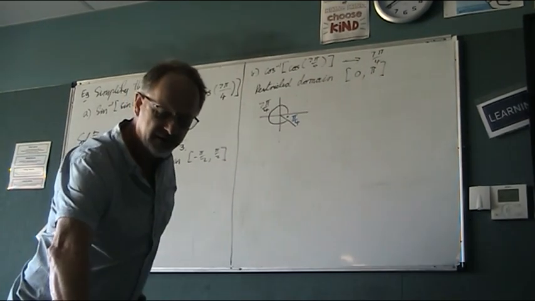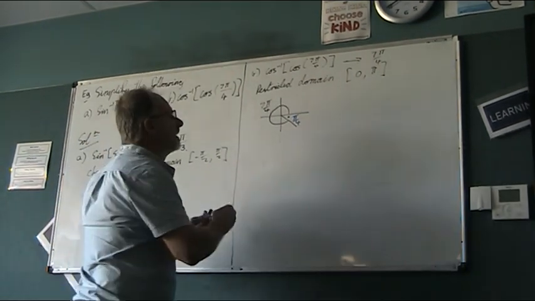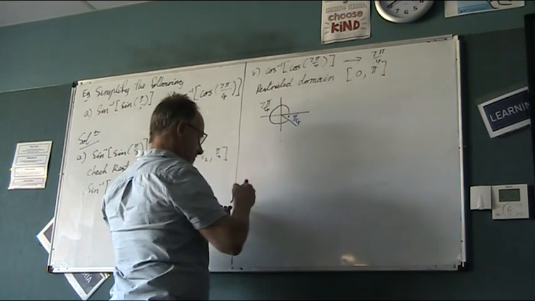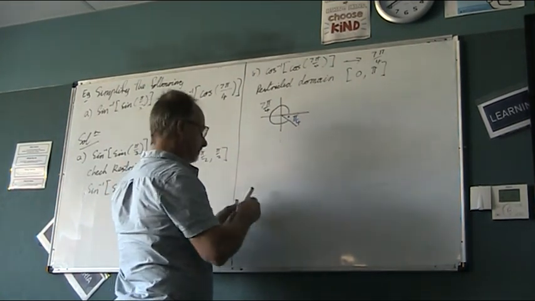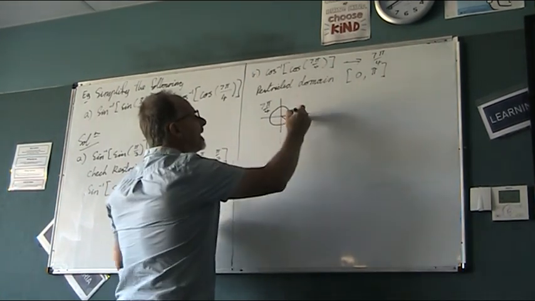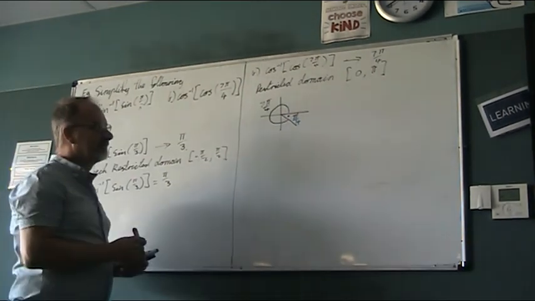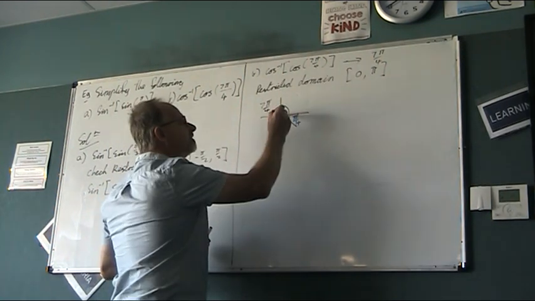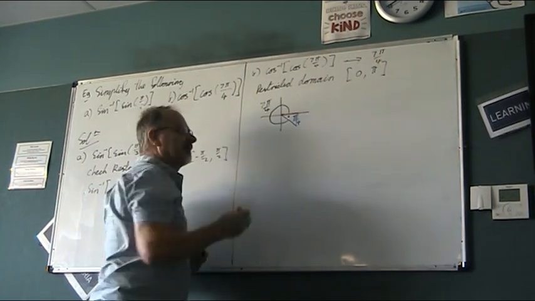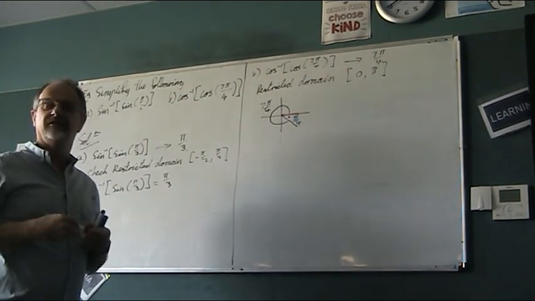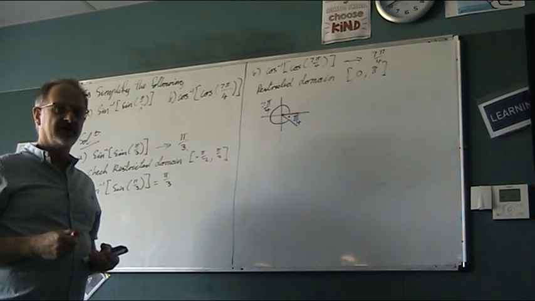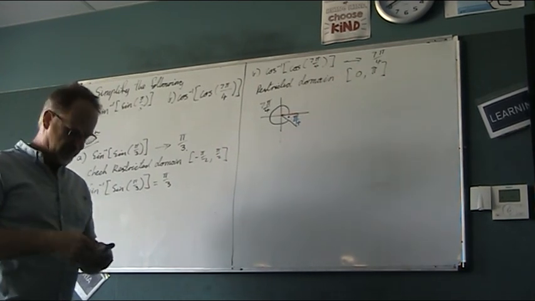So if I make my triangle, I'll make my triangle there in green, the cos value of 7 pi on 4 is positive. The other quadrant that has a positive cos value is the first quadrant.